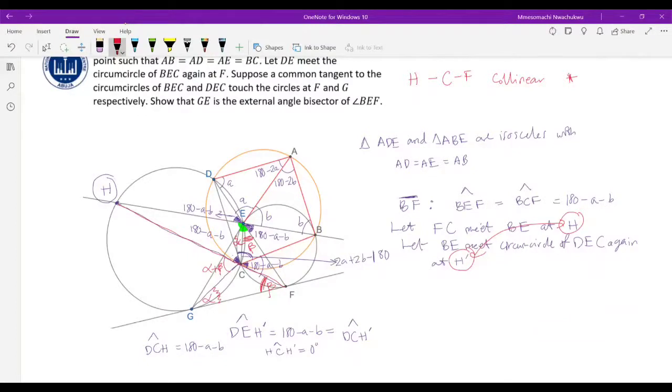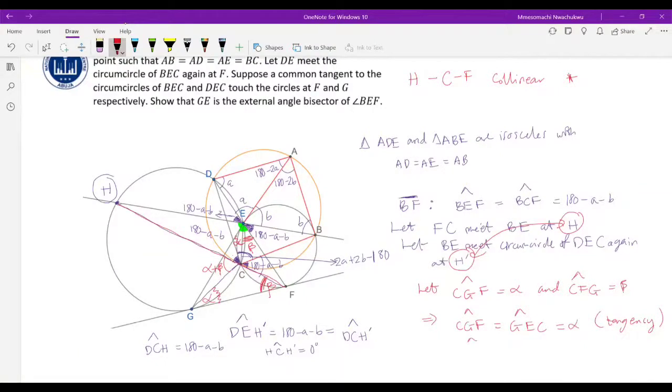Okay, so we say let angle CGF be equal to alpha and angle CFG be equal to beta. So this implies that angle CGF equals angle GEC, angle in alternate segment, because of tangency, equals alpha.